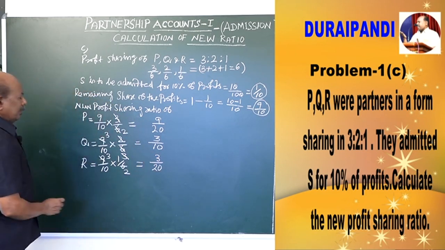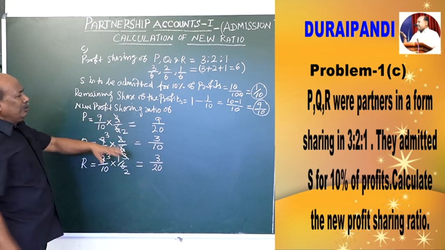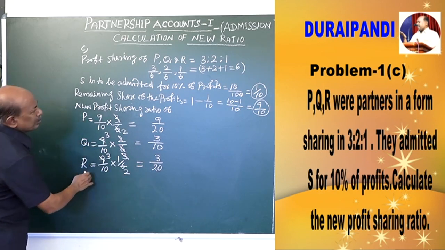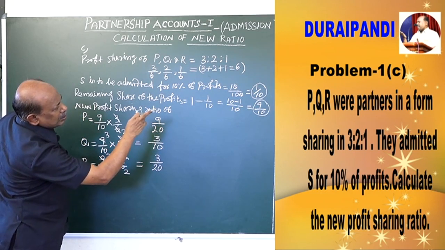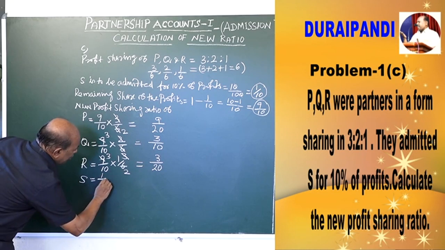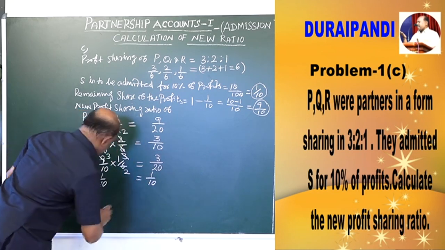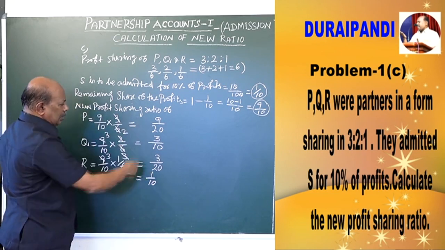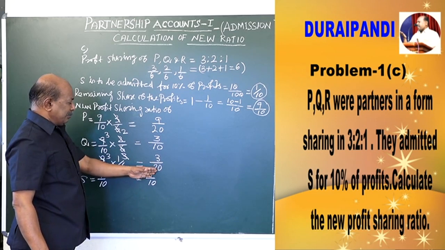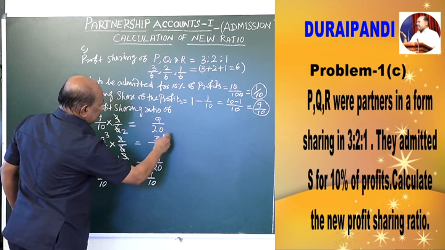Now all the ratios should be based on 20. Here S equal to 1 by 10. Now we have to make all the profit sharing ratios with the equal proportion based on 20.